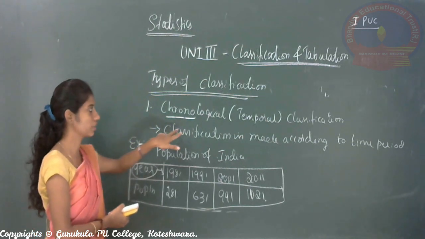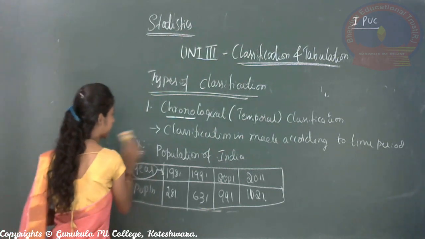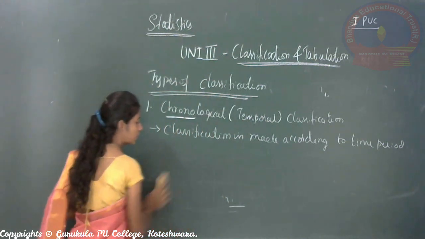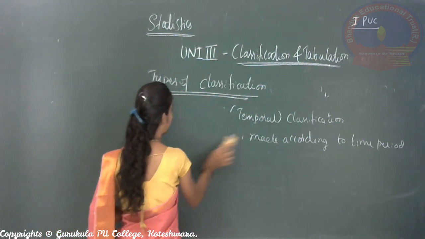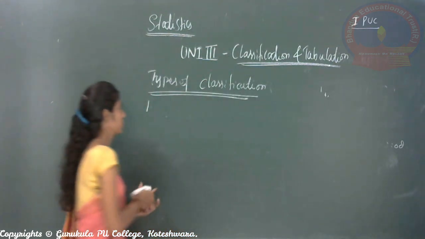After the chronological classification, the second type of classification is spatial or geographical classification.